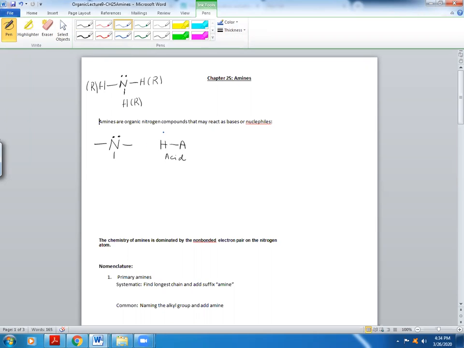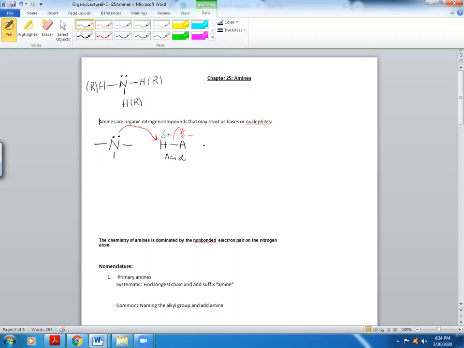And you know that in an acid we have delta plus on the H and A will be delta minus. This lone pair is basic in the sense that it attacks this H, and of course the bonds shift onto the A, whatever the atom or group is left over.